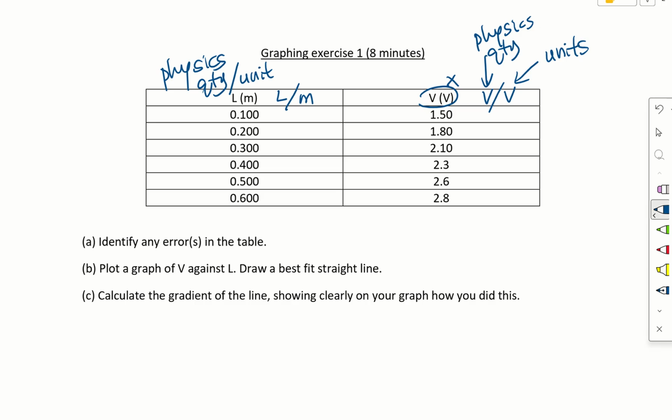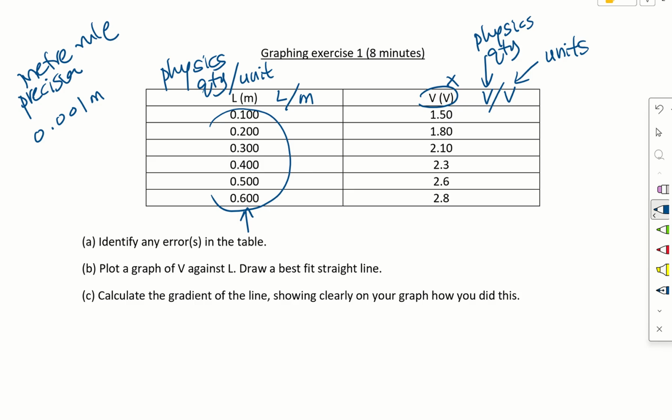The second error I see is for the length. Imagine we are using a meter rule. The meter rule's precision is actually 0.001 meters, and because all of these are presented to the correct precision, there's no error.